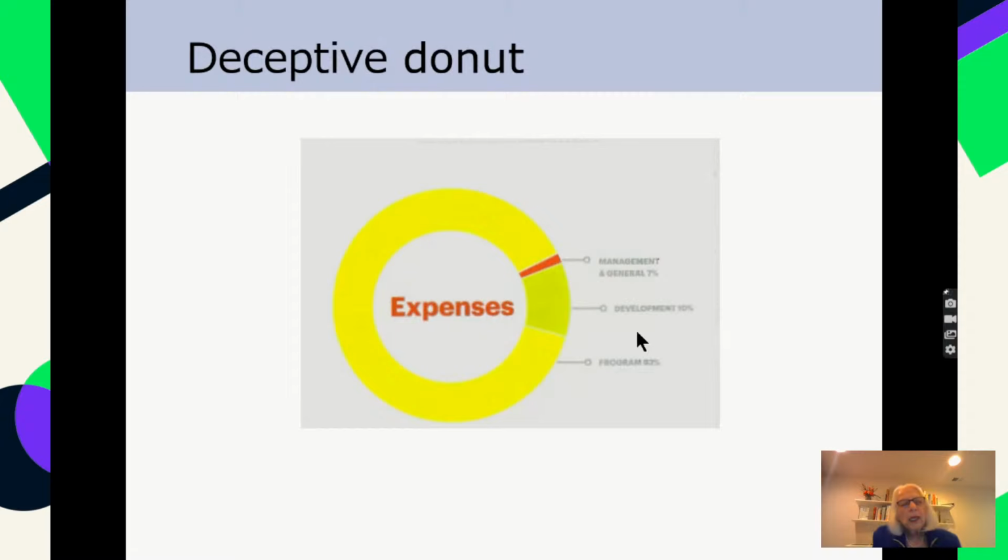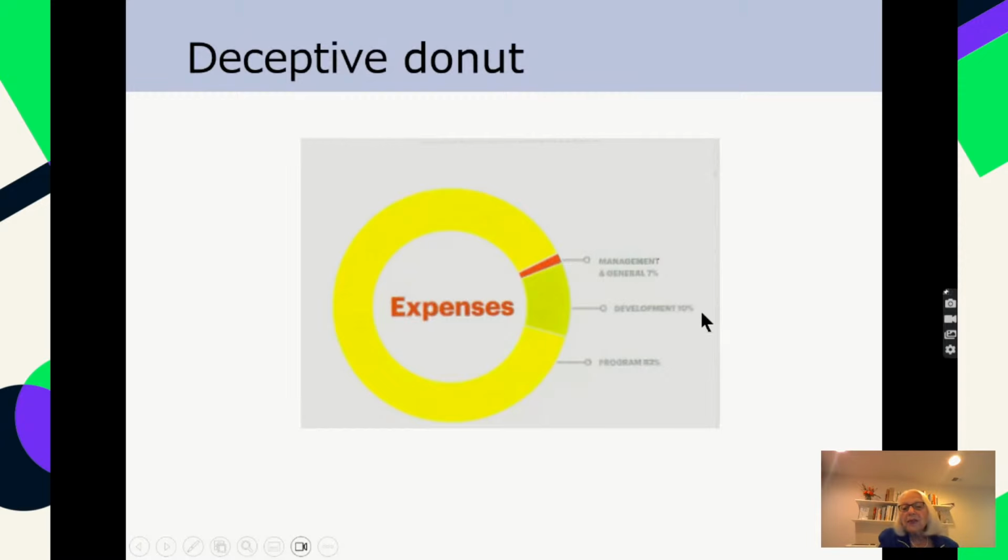This came in my mail from a very worthwhile charity asking for money, but I did not like their figure. The yellow says program expenses. This yellow-green says development, and this tiny sliver says expenses. Expenses is red, the sliver is red, so you think that that's their only expense.